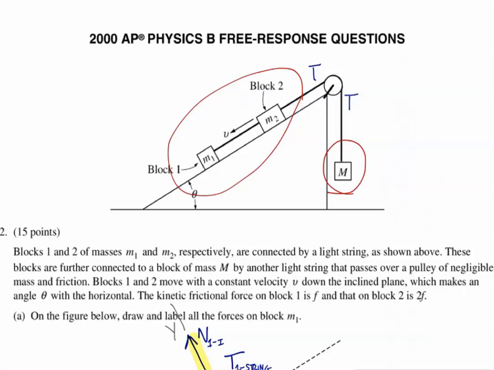Remember that tension goes throughout an entire string. So the tension on one side of the pulley has to be the same as the tension on the other side. If you have two equations, but one term in each equation is the same, you should be able to use algebra to come up with a combined solution. And that's what you're going to do here. Just to give you a tip, the final solution does look a little bit complicated. If it looks complicated, it doesn't mean you've done something wrong.